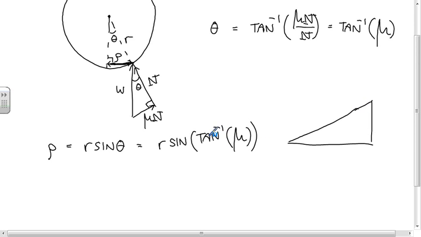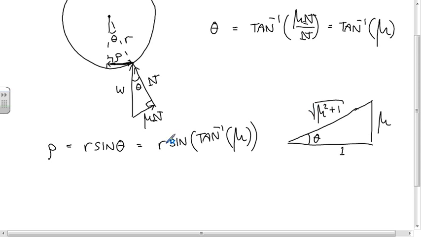So if the tangent is mu, then you can think of this leg as mu, this leg is 1, because then theta has a tangent of mu, right? And then that means that this is the square root of mu squared plus 1.